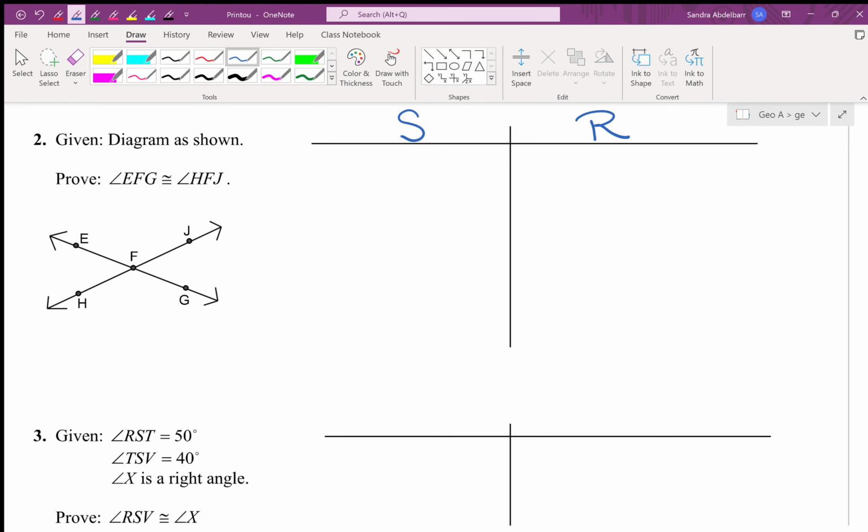We still, even though it's useless to us, need to write it in our proof because no matter what, our first step is always the given information. So we're going to write diagram as shown. And our reason is given.